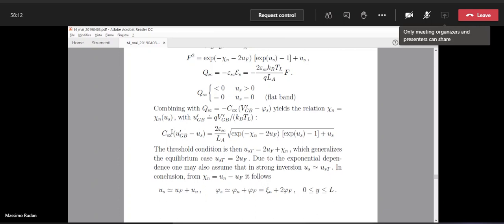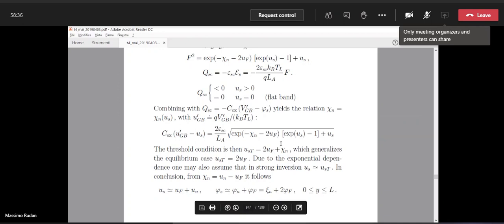At this point, we remember that chi n is the variation of the normalized quasi-Fermi potential of the electrons, un, with respect to the normalized Fermi potential, uf. So chi n is un minus uf.